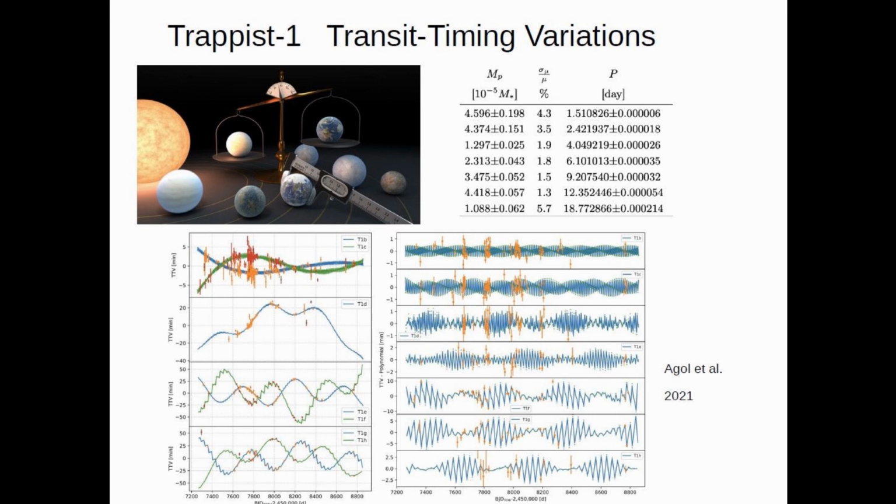And what you see is these oscillations are the 490 days showing up in the data. So we were able to see the planets perturbing one another. This was led by a colleague, Eric Agol, at University of Washington. And what's over here is just subtracting off those big 490-day oscillations.